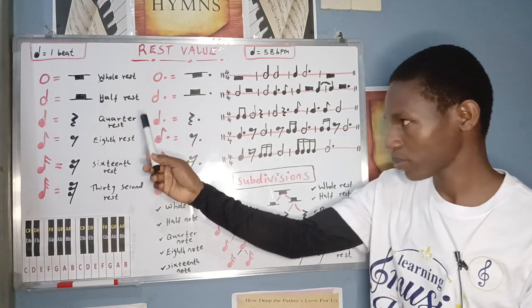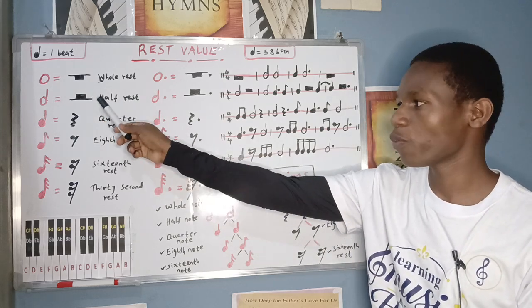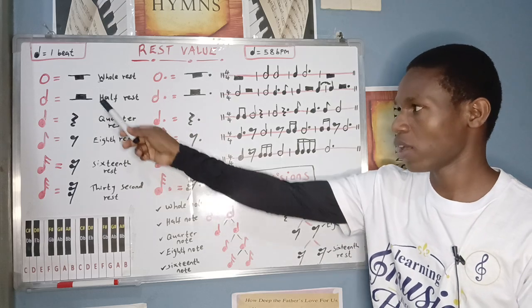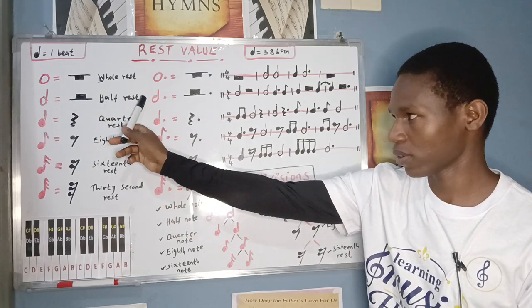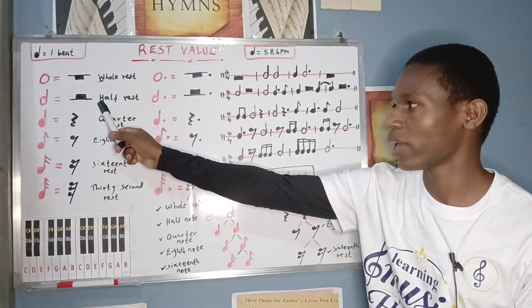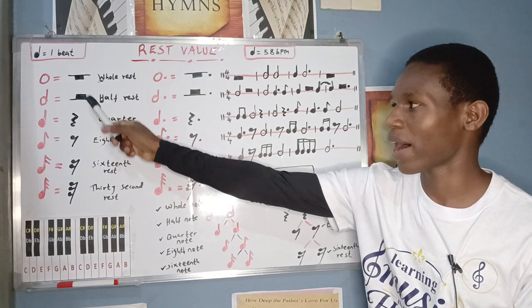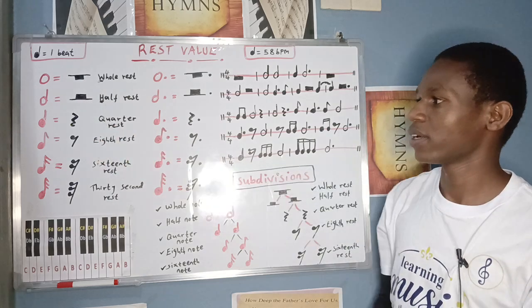The H of half rest, think of it as a hat. So this one is having a hat, sitting overhead.